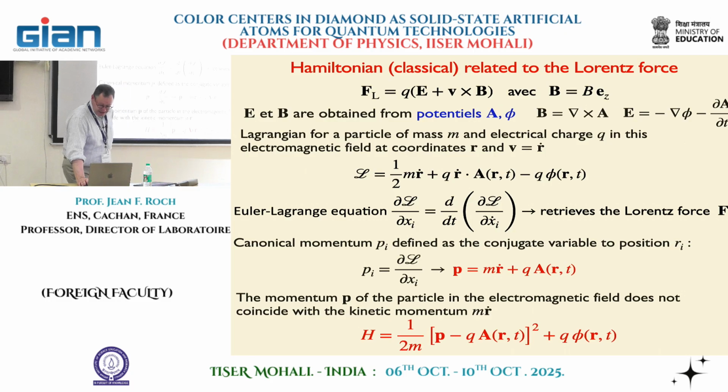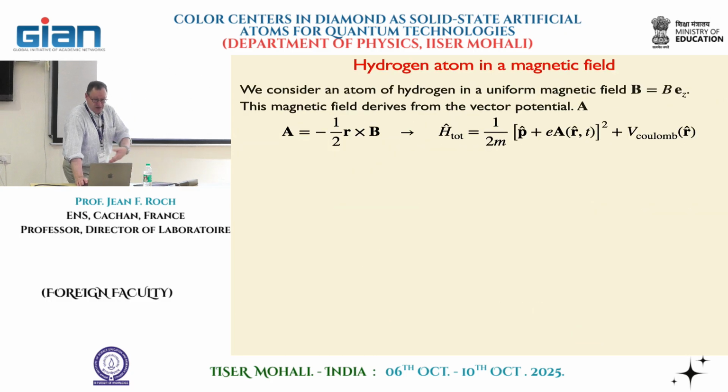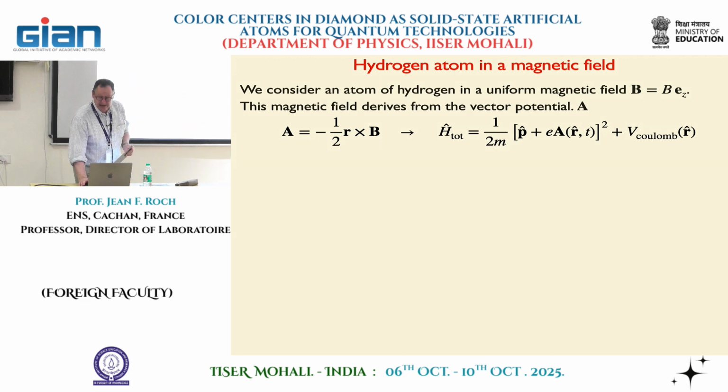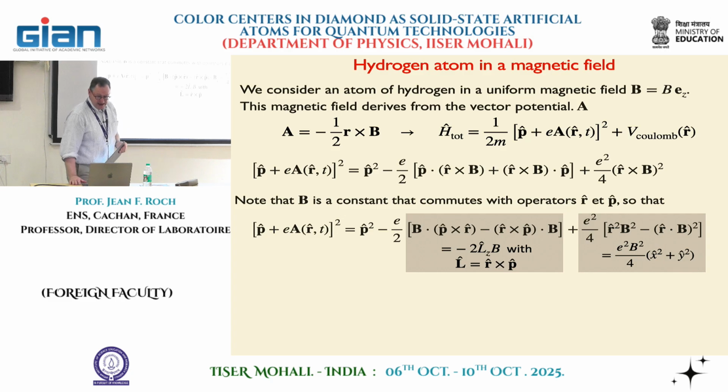Okay, once I do that, then it's a little bit of machinery. We suppose that we have a uniform magnetic field. So the vector potential is defined by minus 1/2 r cross vector B. And then we can enter that into the expression of the Hamiltonian, taking into account the charge of the electron. We do some simple development, a few lines of calculation, which you find in whole textbooks of quantum mechanics.